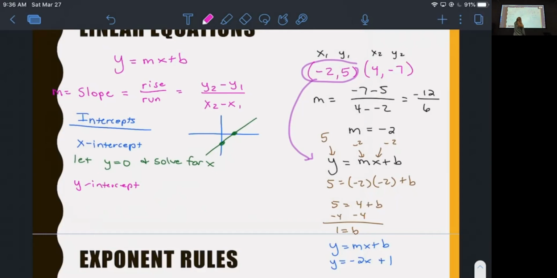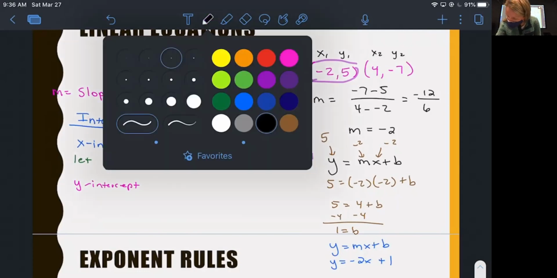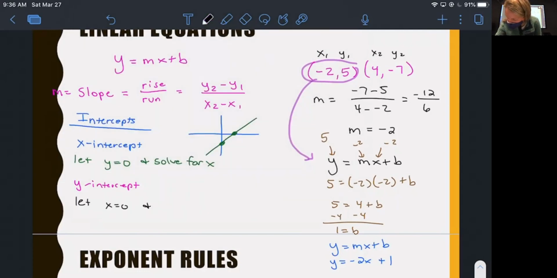So how do you figure out where the graph crosses the y-axis? Yep, let x equal 0 and solve for y. Questions on slope, intercepts, y equals mx plus b? Those are okay.